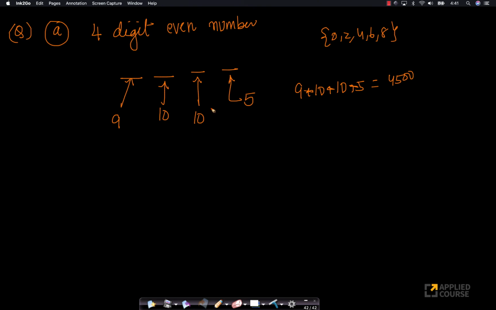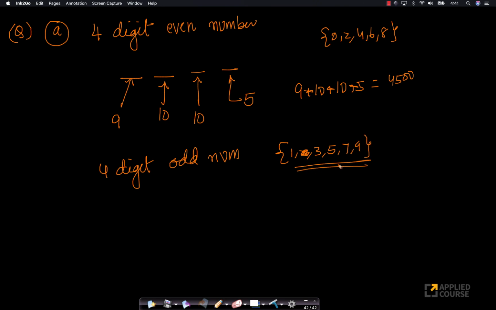Similarly, the number of 4-digited odd numbers. Again, the same story. You can also compute it because the digits in the odd are 1, 3, 5, 7, 9. Odd numbers have to end in these digits. This is also equivalent to the same formula, 4500.